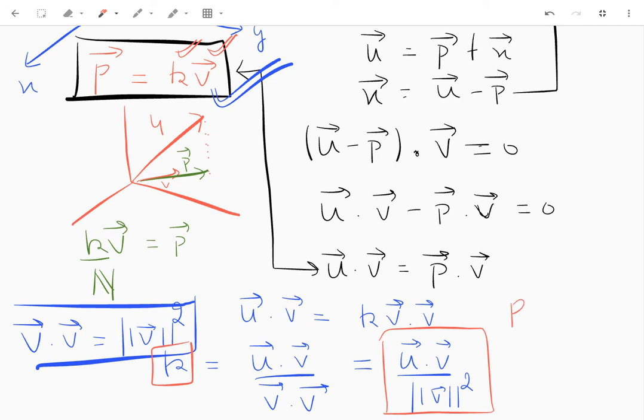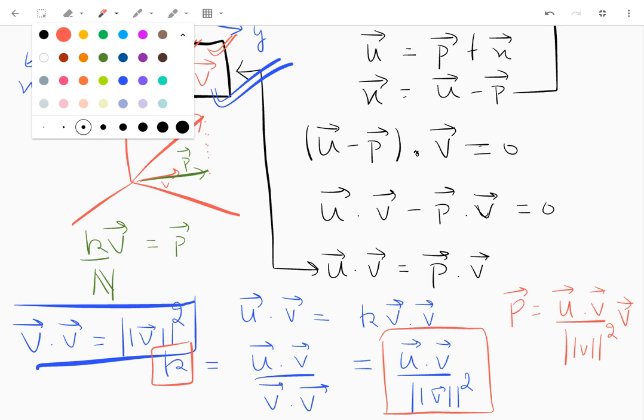So our projection will be u dot v over norm of v squared times vector v, right? So this is how we derive the formula for the projection vector.